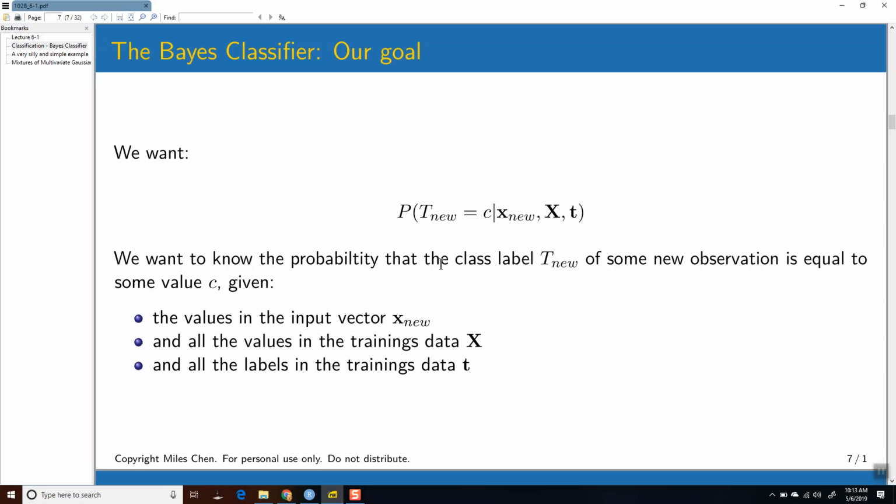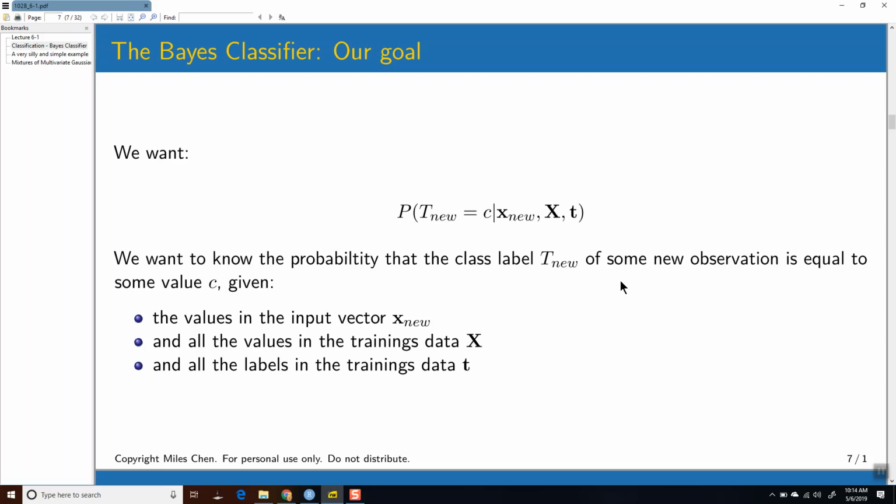We want to know the probability that this observation belongs to this class. We express it as the probability that the class label T new is equal to some label C, given the input values in the vector x new for this observation, plus all the values in the training data x and all the labels in the training data t. So this is what we want, right?